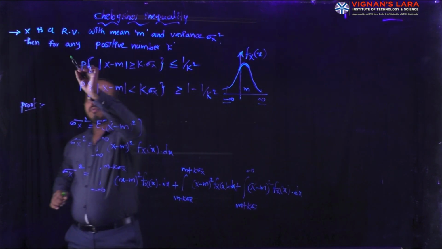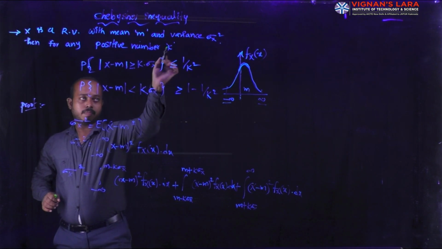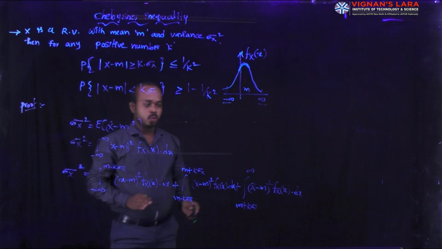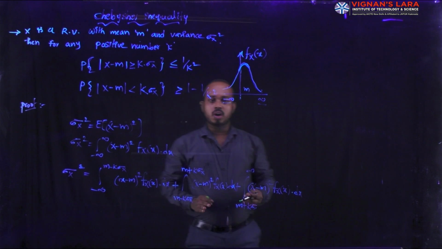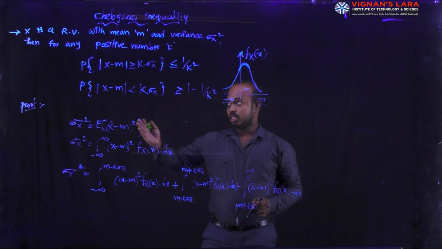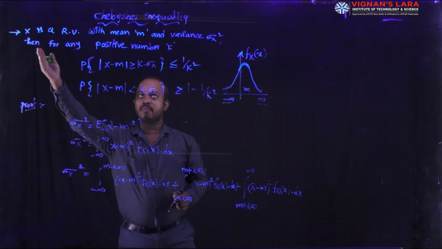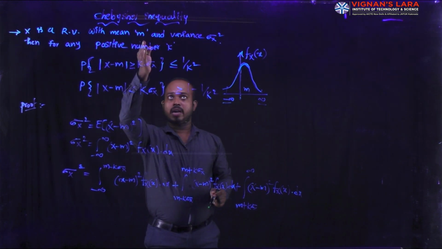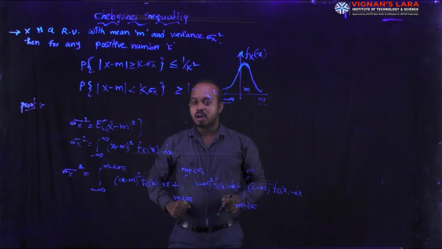Then for any positive number k, we can write the statement of the Chebyshev inequality by taking these assumptions. The first assumption is that x is a random variable with mean m and variance sigma x square.